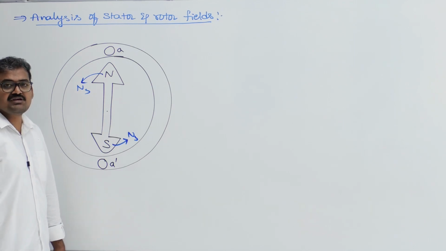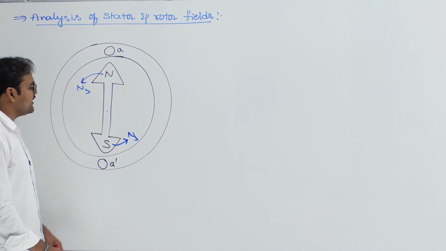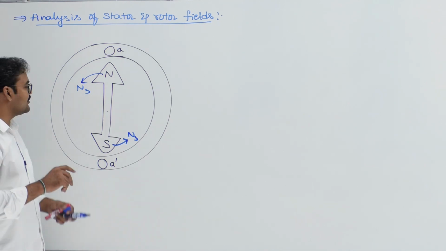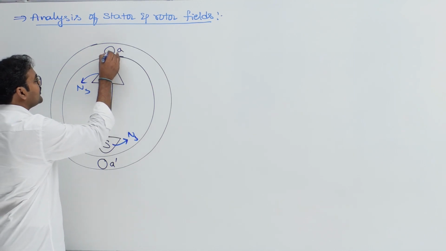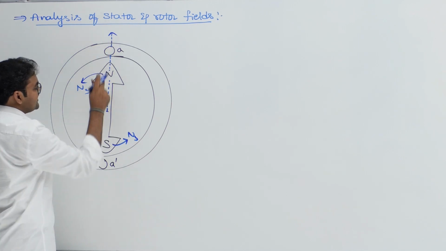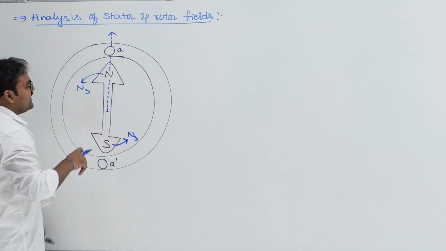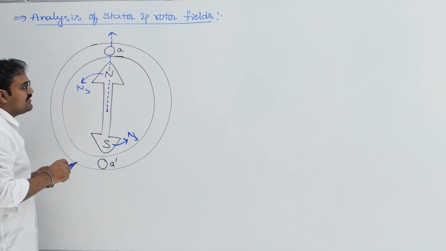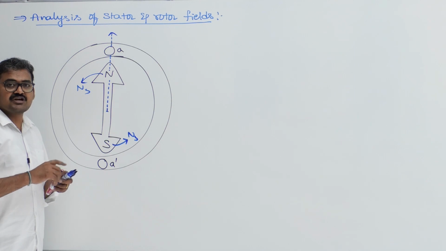So the first duty is to identify the polarity of induced EMF in conductor A and A dash. Once again, use the right hand rule. North pole will always emit the flux. Therefore, this is the direction of flux emitted by the rotor. Field is rotating in anti-clockwise direction, which means with respect to the field, the conductor is rotating in which direction?